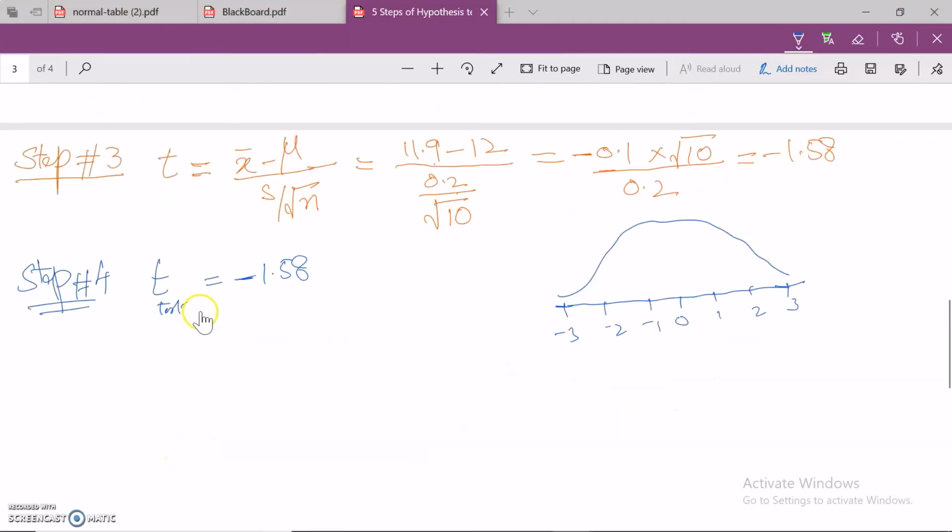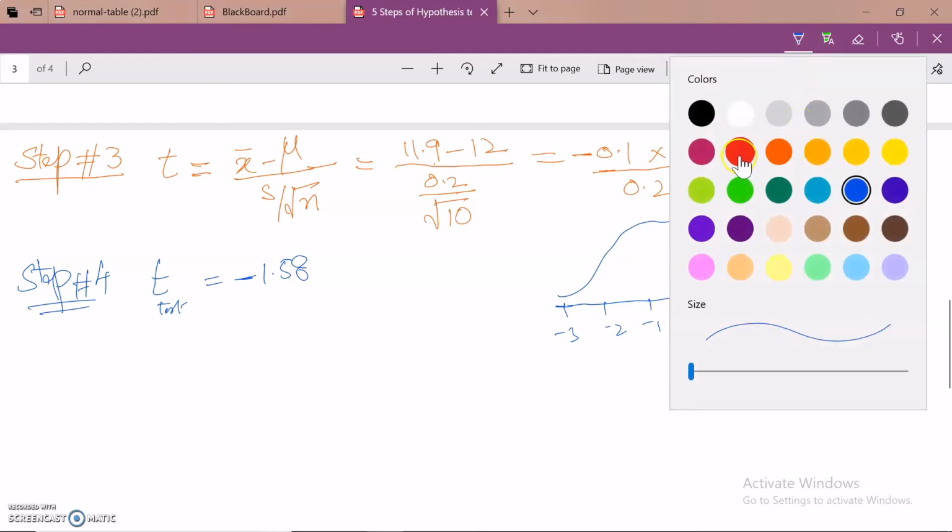In step number 4, we try to locate this value of the test statistic, minus 1.58, which we computed in step number 3, in this normal distribution, right? I have plotted a normal curve exactly in the middle. I have taken the mean value and 3 standard deviations on the right side and 3 standard deviations on the left side.